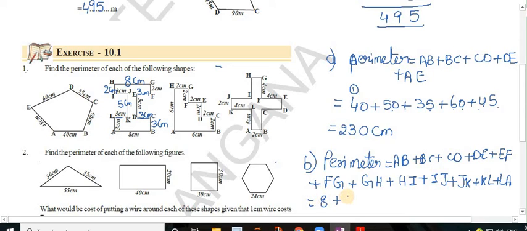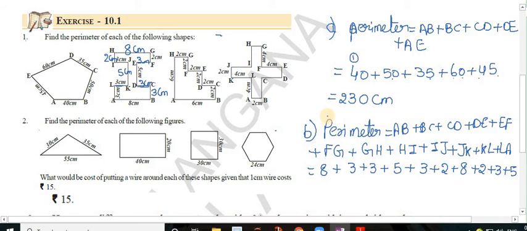AB is 8, BC is 3, CD is also 3, DE is 5, EF is 3, FG is 2, GH is 8, HI is 2, IJ is 3, JK is 5, after JK we have KL is 3, LA is 3.